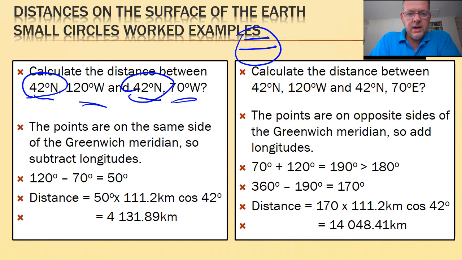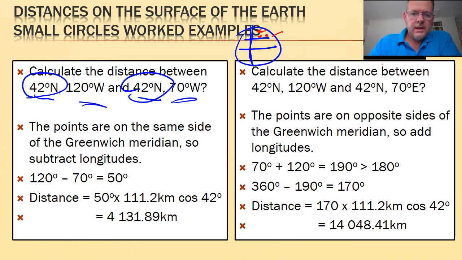So we're on the same side of the prime meridian. So let's imagine we've got a prime meridian here. We're traveling from a point of about 120, and we're traveling that way down to about 70.